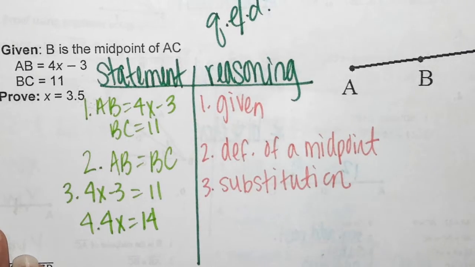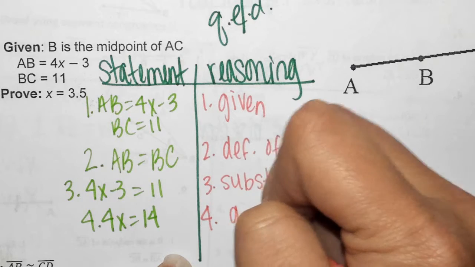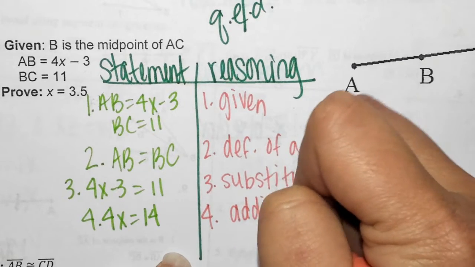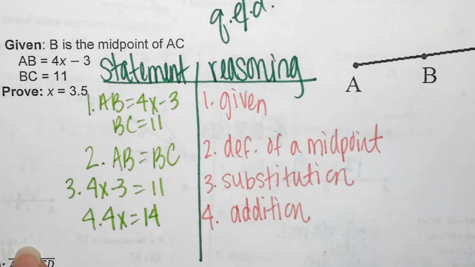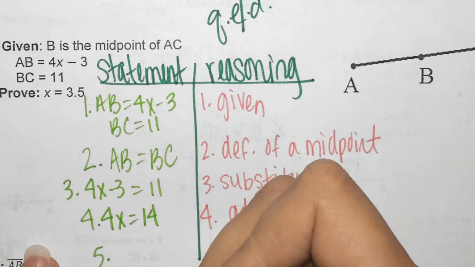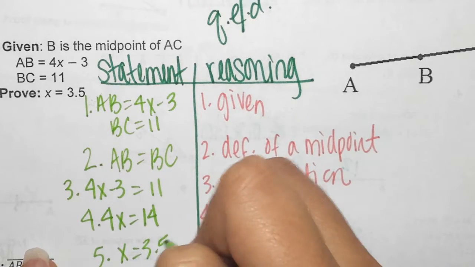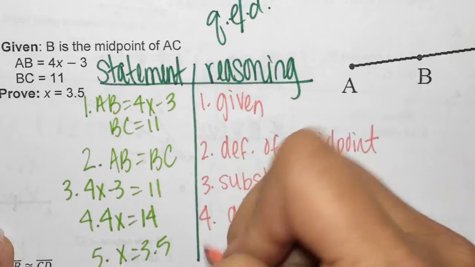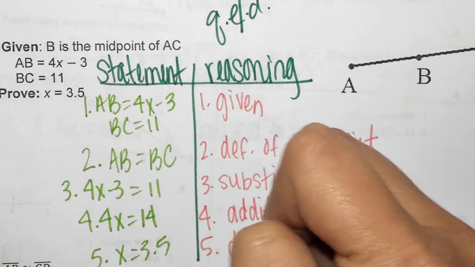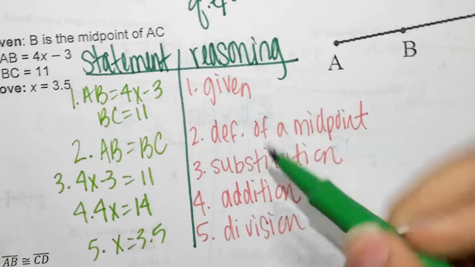That's addition. And what would we do? Divide. And x equals 3.5. And isn't that what we tried to prove? Yeah. And that's by division. And then what do we write at the end? Because we fancy.